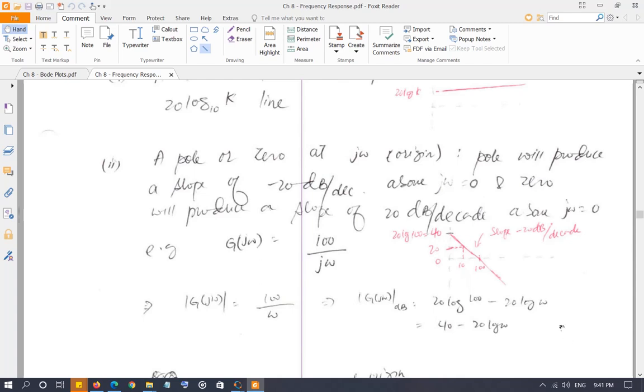So what you're going to do, you're going to add both these lines together. You're going to add the 40 decibel line, and you're going to add this line, which I'm not showing here. Let me see if I can draw that line. Let me grab a line. So it's going to be this line right here, right?